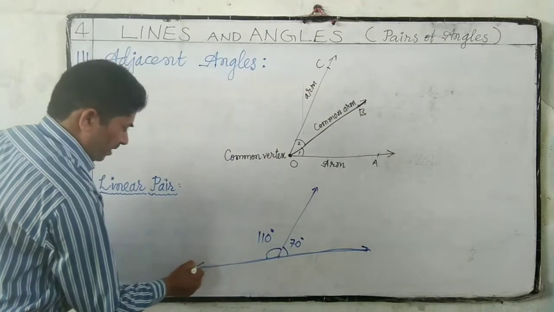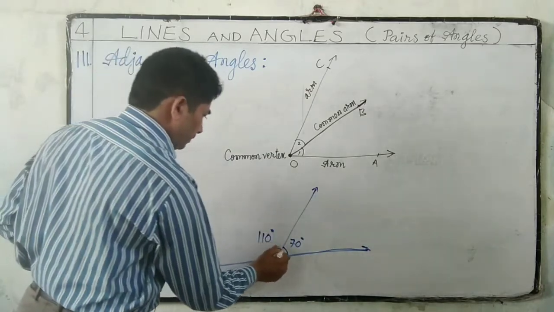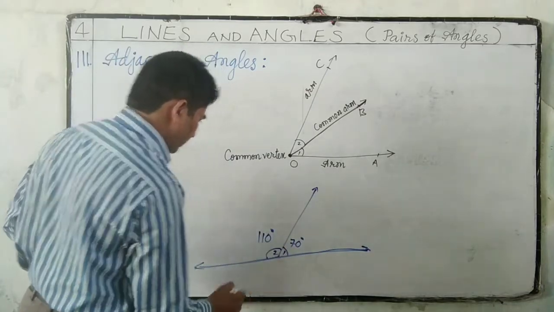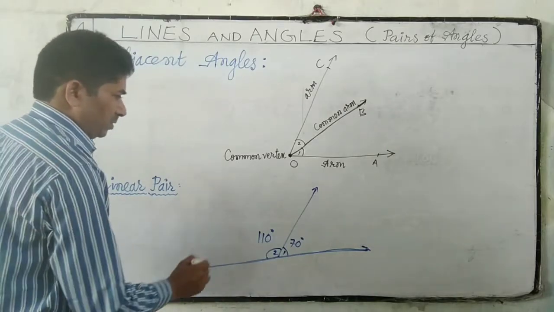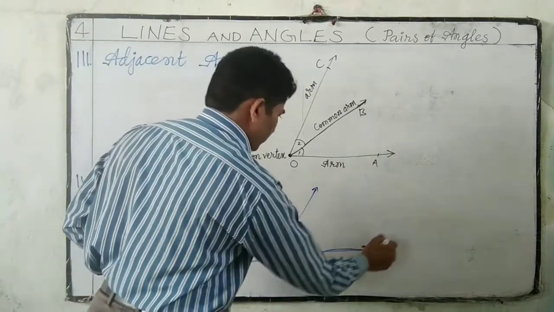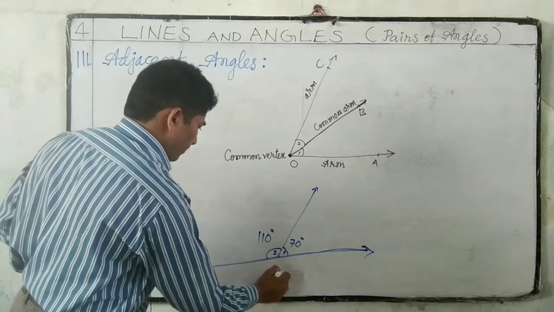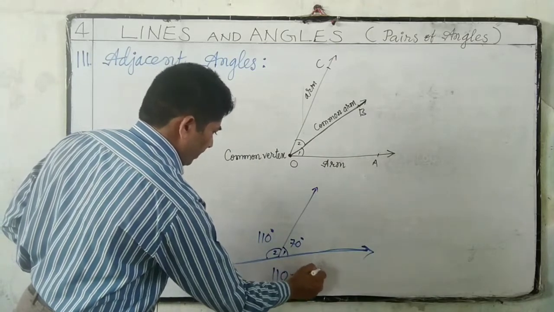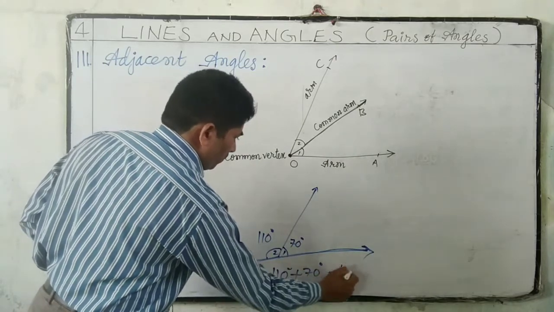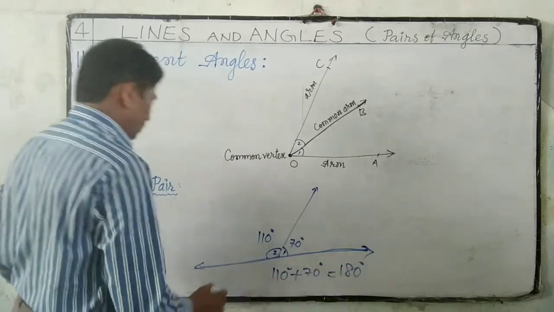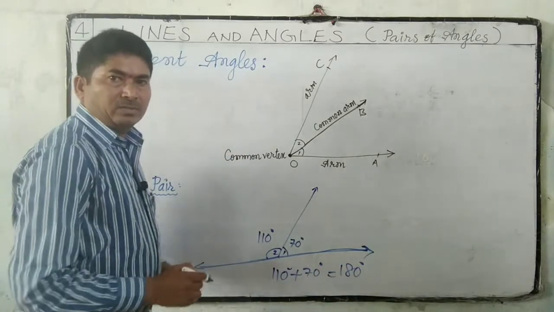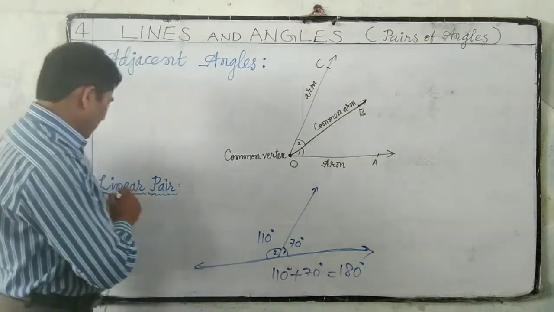The sum of these two angles, 110 plus 70, is equal to 180 degrees. So these two angles are called a linear pair.